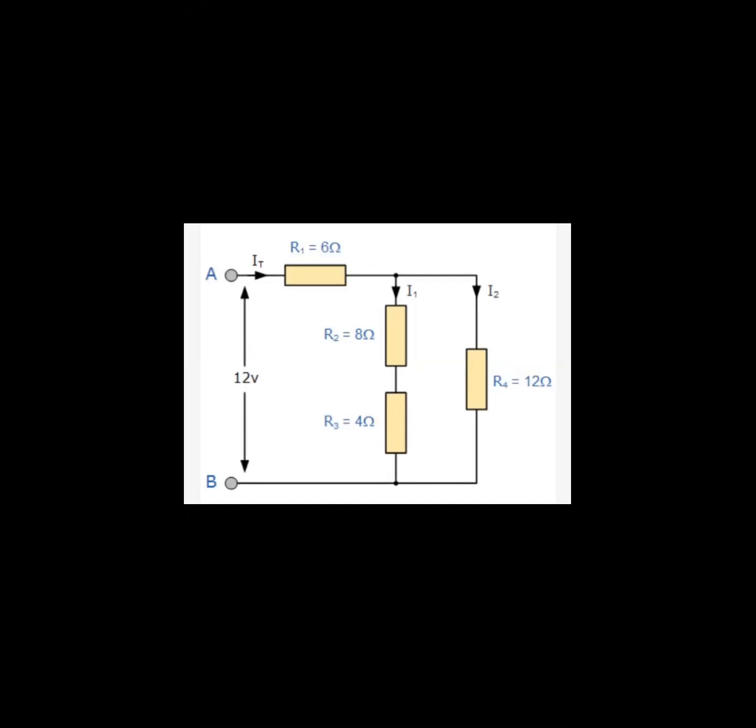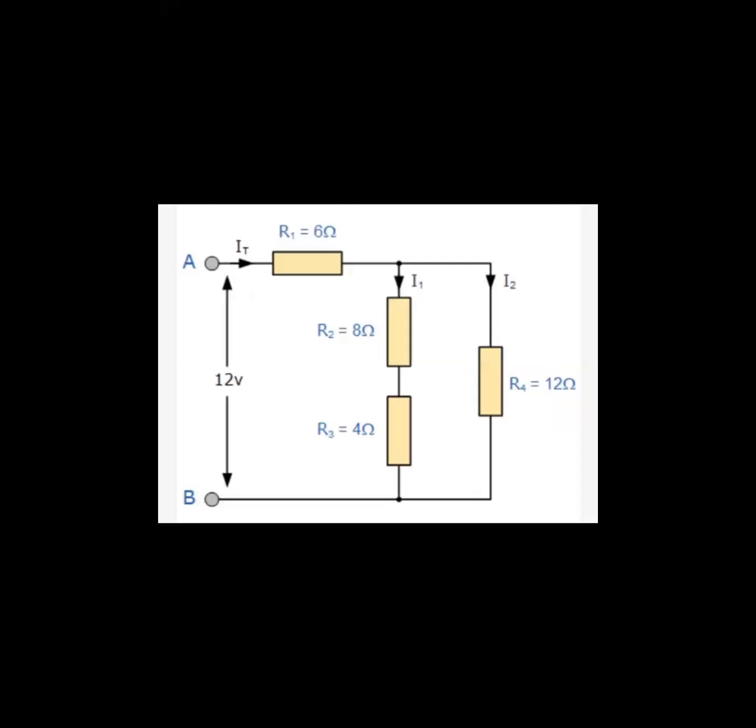V is equal to IR. Then I, which is the current, is equal to V over R. And our V is what? Our V is 12. What else? Our R is what?